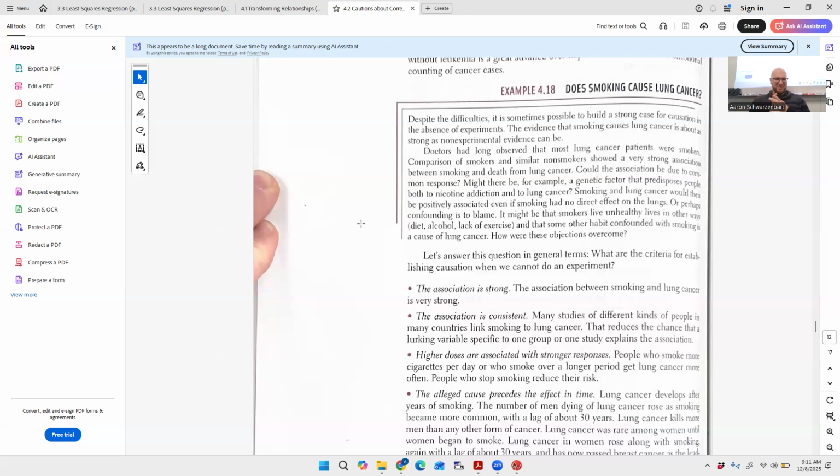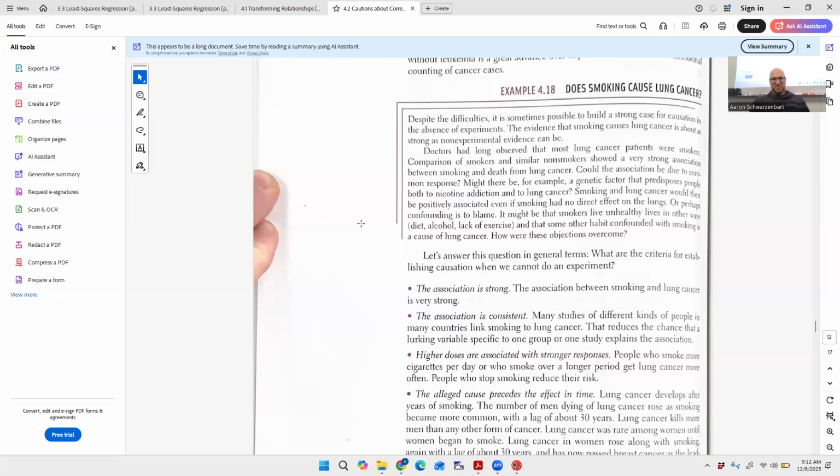Association is consistent. That's where it's across countries, across the world, across time. Yes, absolutely. Higher doses are associated with stronger response. People that smoke 2 packs a day have a lot more cancer than people that smoke an occasional cigarette or cigars on occasion.